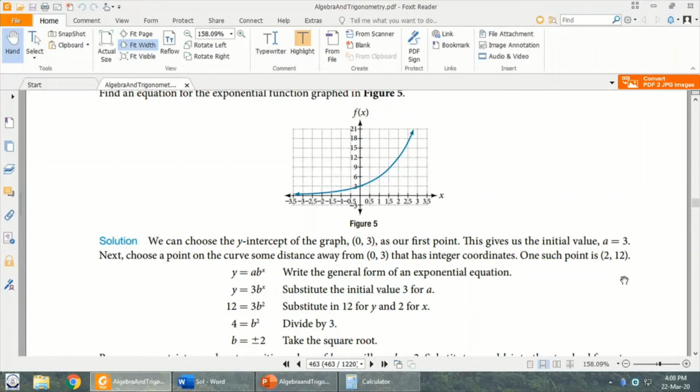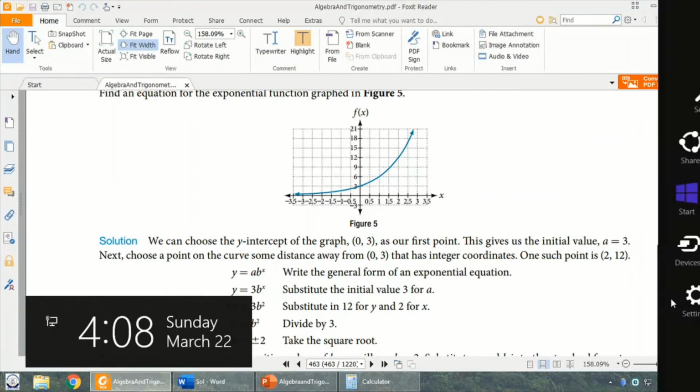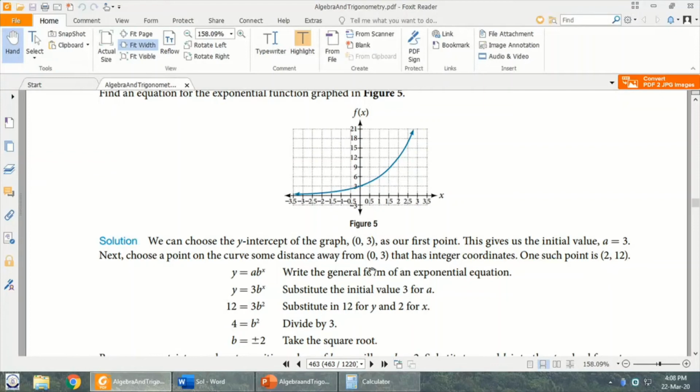So y is 12, we already had 3, and b raised to the power x, and x in this case is 2. So the two situations were 0, 3 and 2, 12. In this case, this is the intercept a, this is going to be x, and this is going to be y.